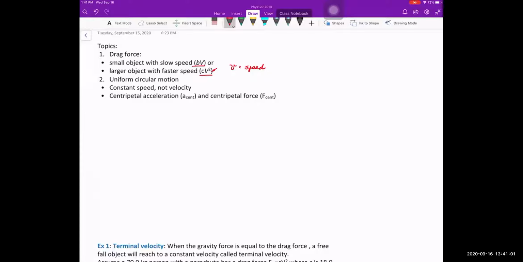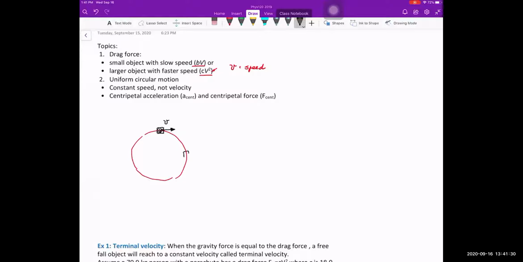So if you have a circle like this, I have an object here, and let's say it's moving clockwise. I use the length to represent the speed, so this is the speed, and it is going to the right with some amount.